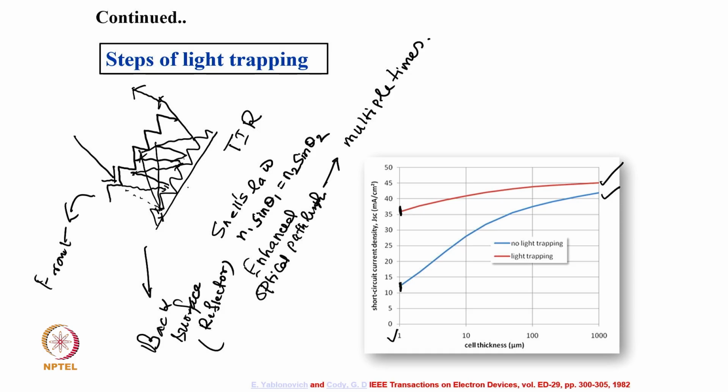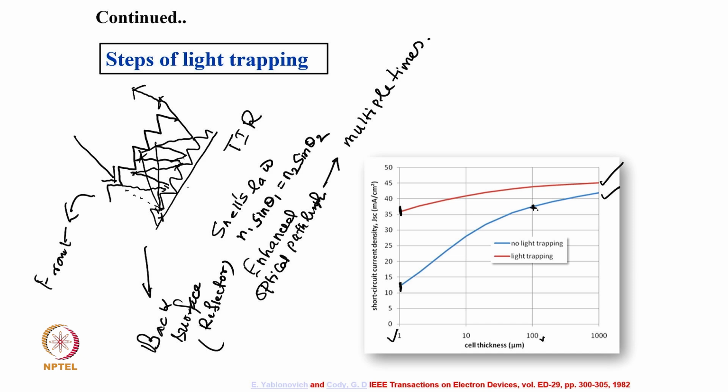This is amazing. Even when we use a 100 micrometer solar cell, which is a typical thickness, you increase the short circuit current density. So this becomes around 35 milliampere per centimeter square, which was possible in the textured case with just a 1 micrometer solar cell.